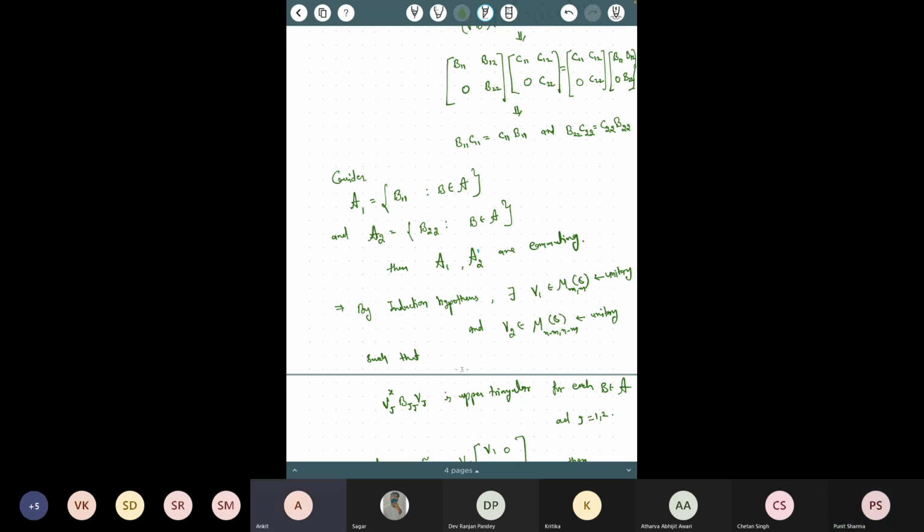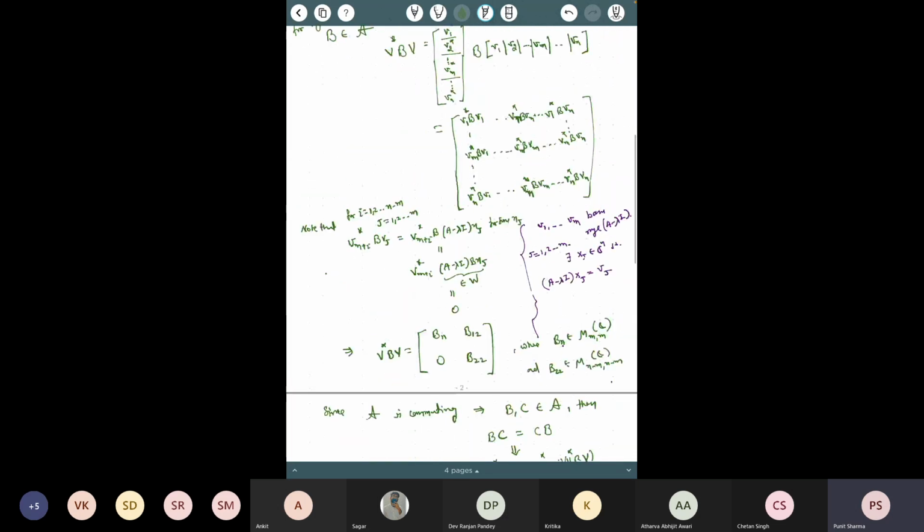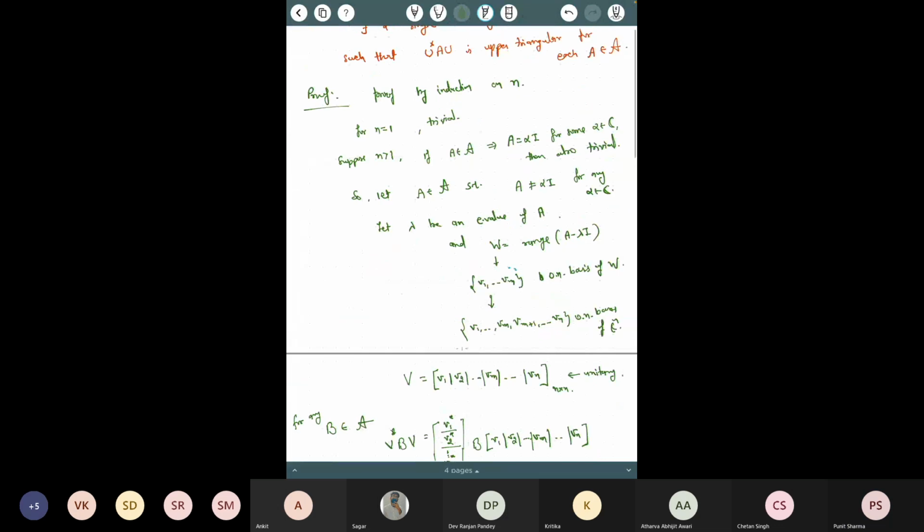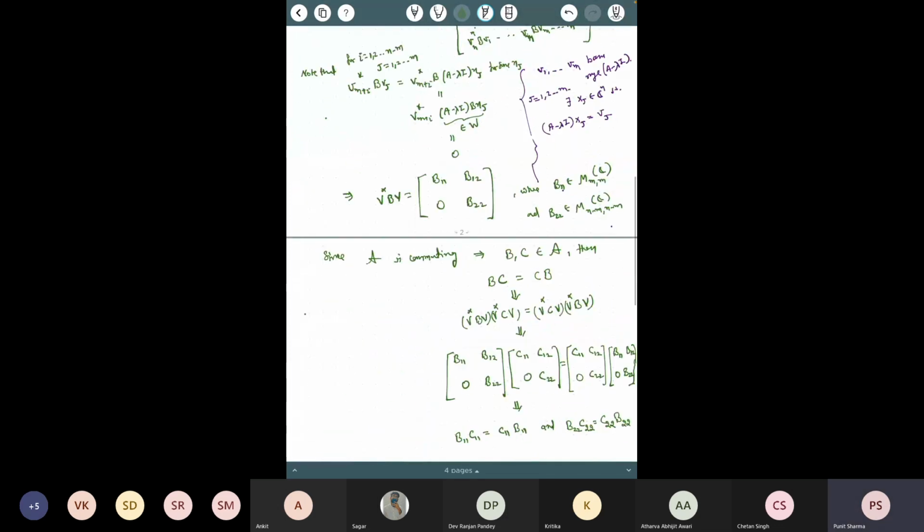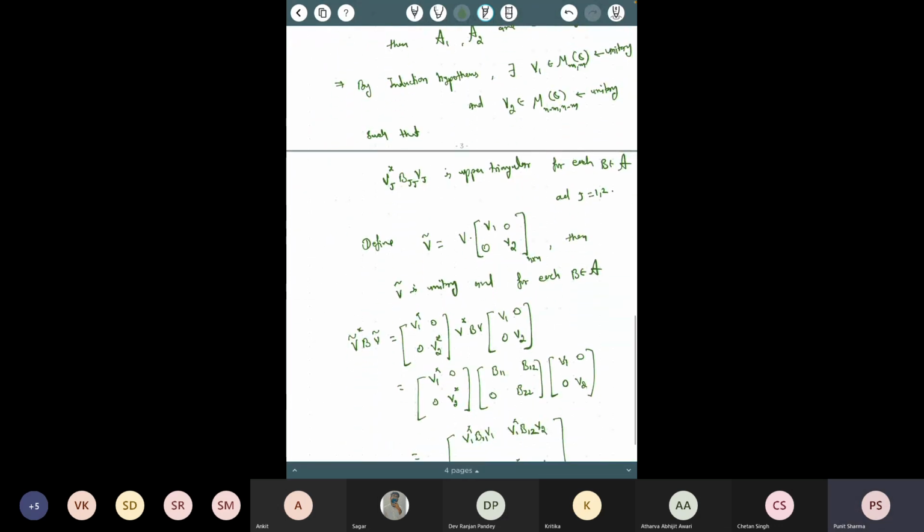Because of our assumption, sir, A is not equal to lambda I. Exactly. Because of that assumption, this cannot happen. So the range space here won't be the whole Cn here. There would be at least one vector which is not there in the basis of W. So because of this reason, this works. Okay, so now you have a way to simultaneously diagonalize a family of matrices, and similarly you can simultaneously upper triangularize a family of matrices.